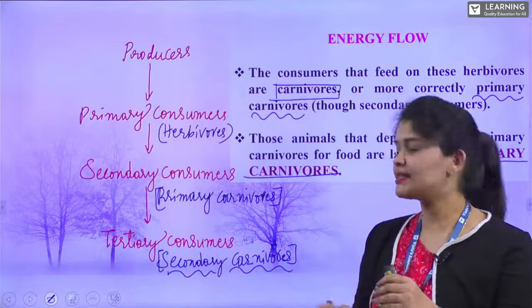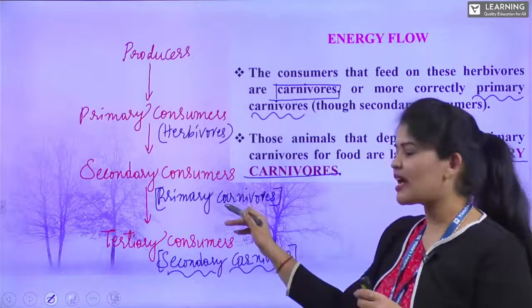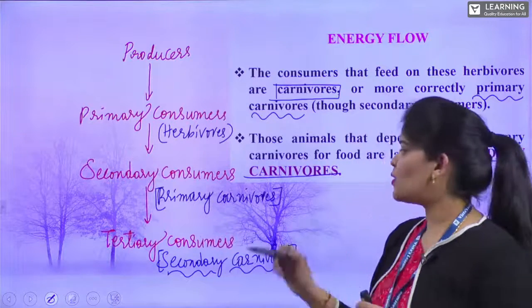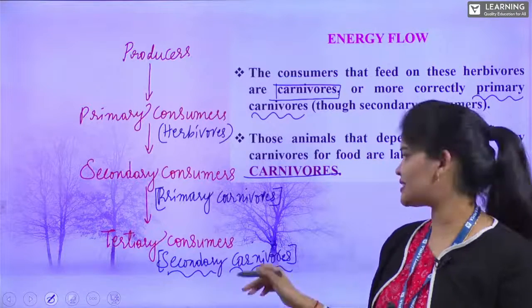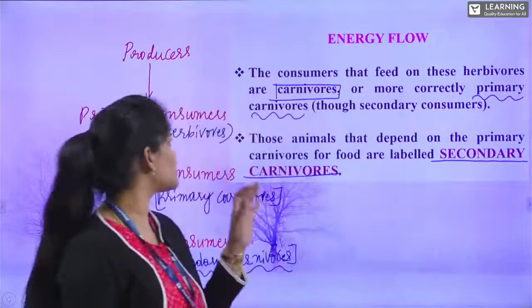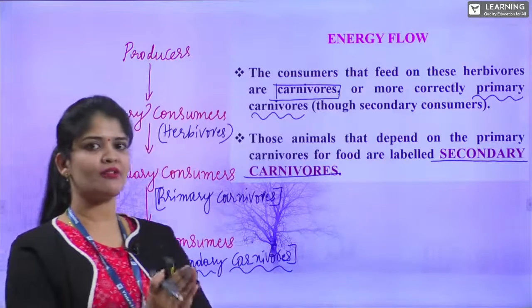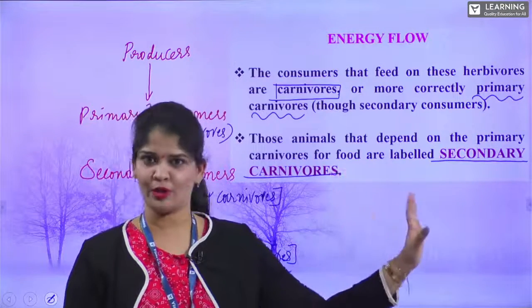Those organisms feeding on the herbivores we call primary carnivores or secondary consumers. The animals which feed on these primary carnivores are secondary carnivores or tertiary consumers. All together we call them consumers. Consumers depend for their food directly or indirectly on the producers.